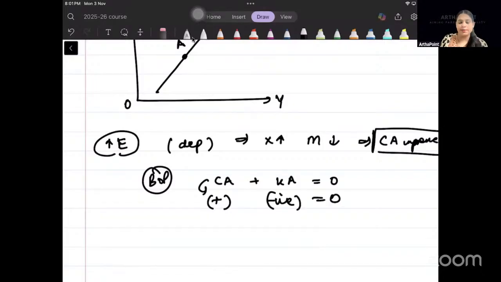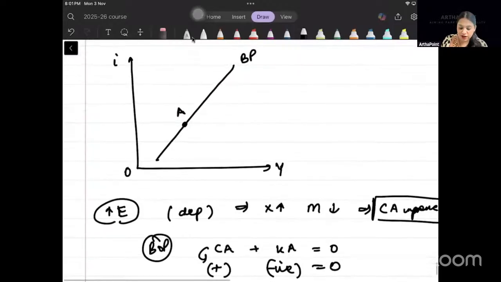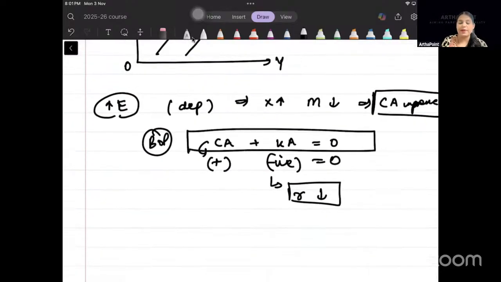If my capital account has to become negative, there has to be an outflow of the currency. If there has to be an outflow of the currency, my interest rate must decrease. So whichever point I am at, my interest rate must decrease. My BP will shift downwards for my balance of payments to maintain its balance. So when there is depreciation of currency under a flexible exchange rate, it is followed by a downward shift of the BP curve. Okay.